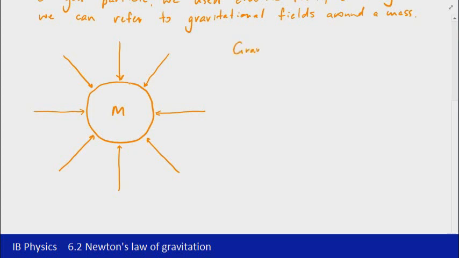In the same way that we have certain quantities that are represented by an electric field, gravitational field lines are used to show a few different things. The first is that they show the direction of force on a mass if it was placed in that region.